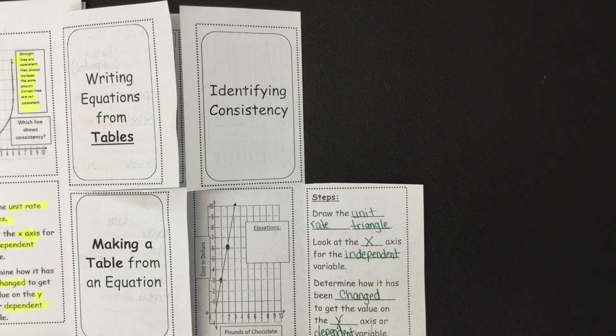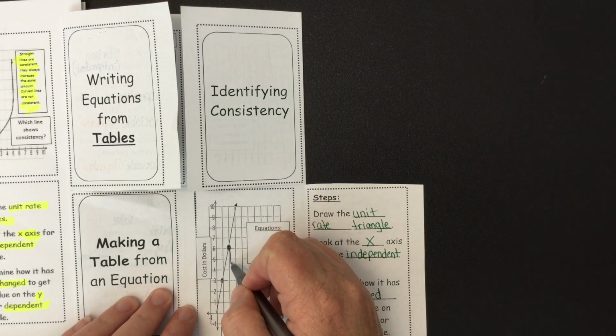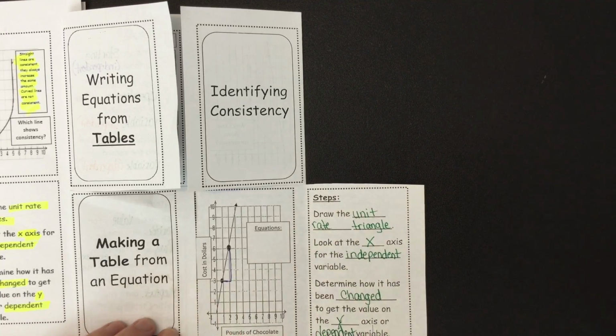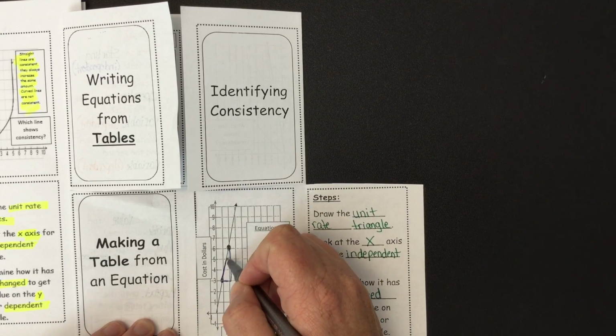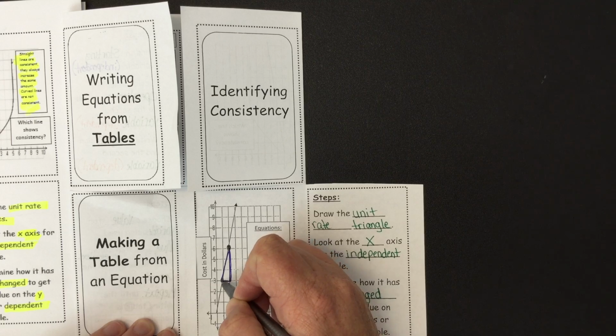All right, so all of these steps would be if you were just a little bit more knowledgeable of what you were looking at. So when it says the unit rate triangle, it wants you to draw this down here like this, and there is a triangle. See how I made a triangle between these 2 points? You see this triangle?